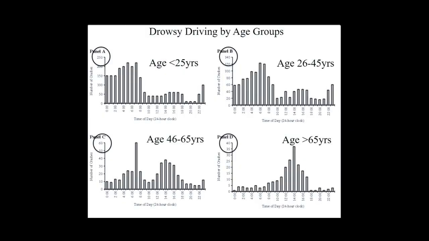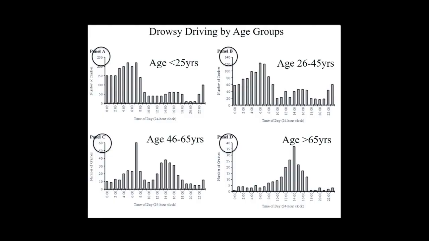But then you get into the age greater than 65, in which most of them are happening in the afternoon. And the answer to that is they don't drive at night. But the idea is, you have to have the opportunity to have a fatigue-related crash. But it's interesting how this all sort of plays out.